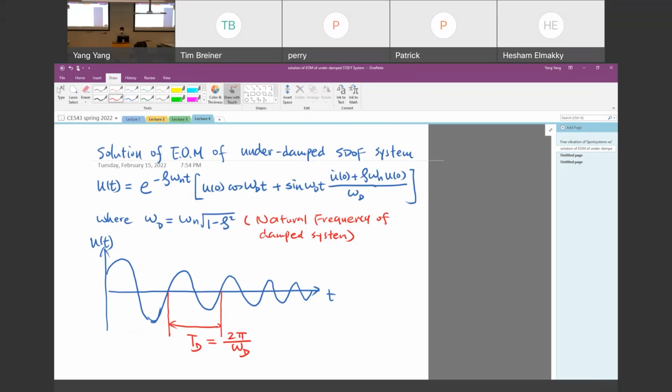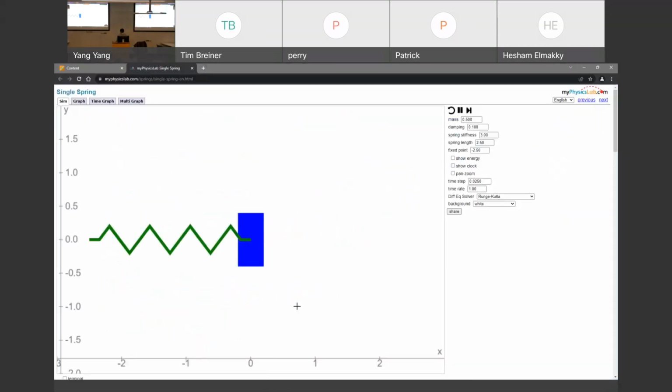So any questions up to here? We can try again. Remember last time we had a system here. This time, for example, we can have a mass equal to 1, and the stiffness equal to 1, so that we will have the natural frequency equal to 1 radian per second.